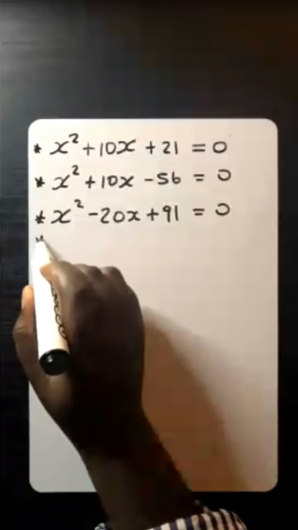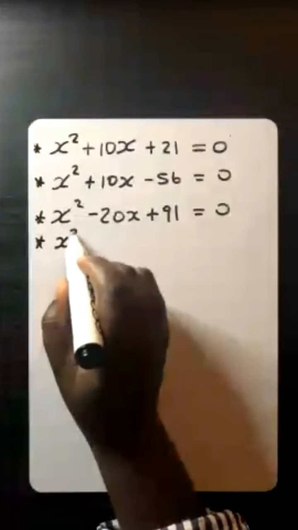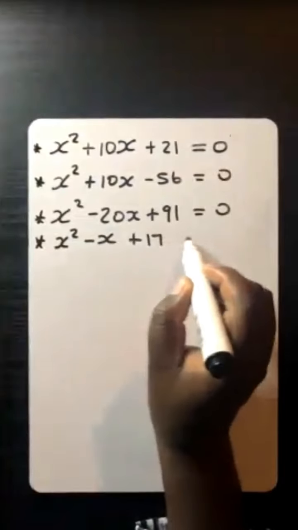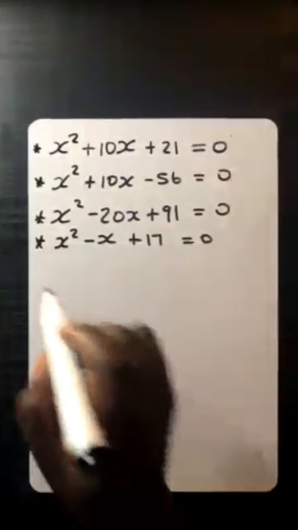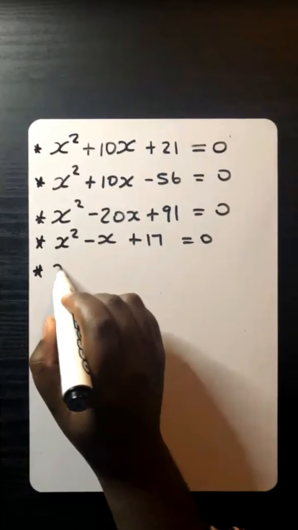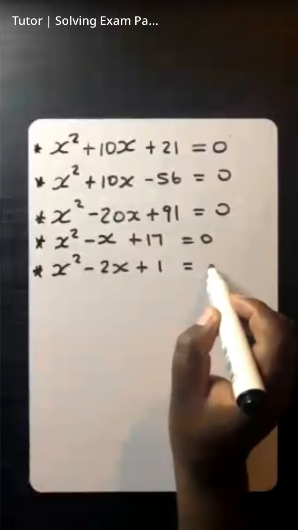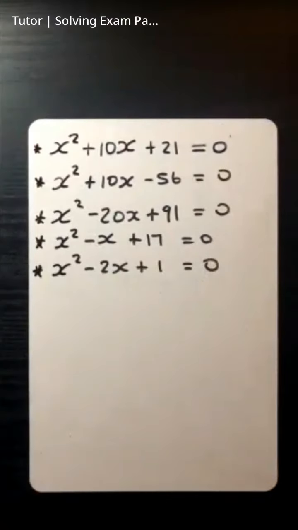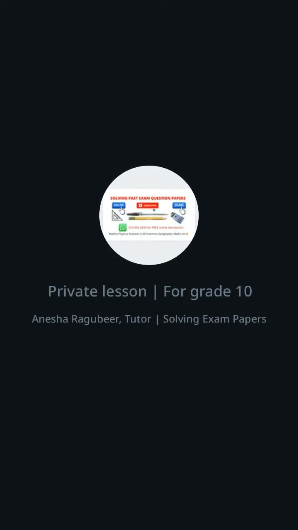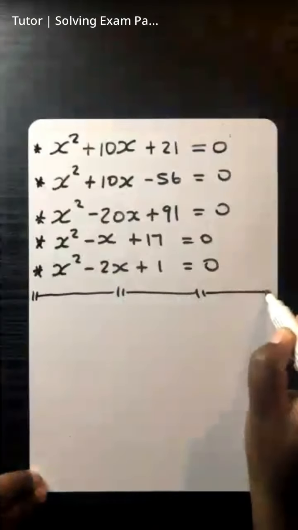Then the other one was x squared minus x plus 17, equals 0. And the last one was x squared minus 2x plus 1, equals 0. So this was it, isn't it?